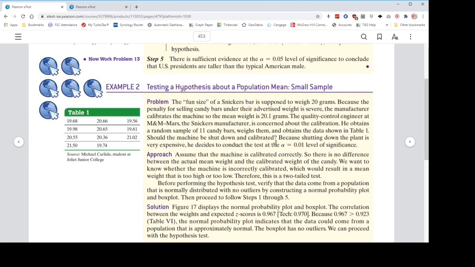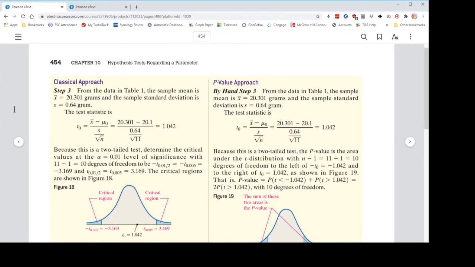If we want to do this as a p-value test on the calculator, you would input your sample data into L1, and then when you go to your t-test, you're going to select data rather than stats, and you'll be able to complete the test that way.